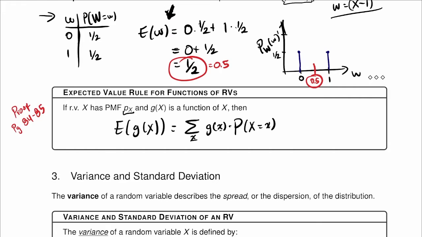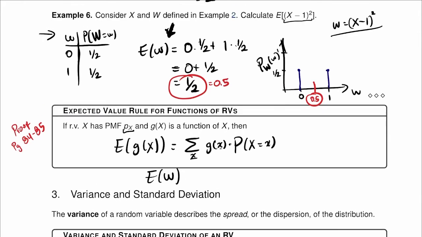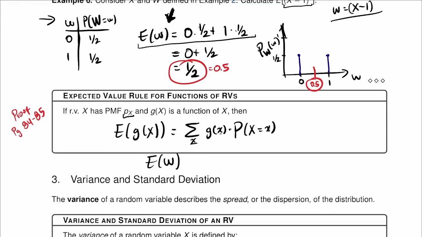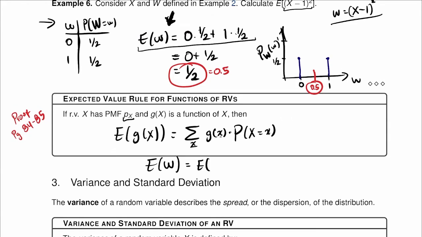To illustrate how this expected value rule for functions of random variables works, we can use the same example. We can calculate the expected value of W, but instead of calculating it using the formula directly, we can use the transformation. So the expected value of W is the same as the expected value of (X - 1) squared.